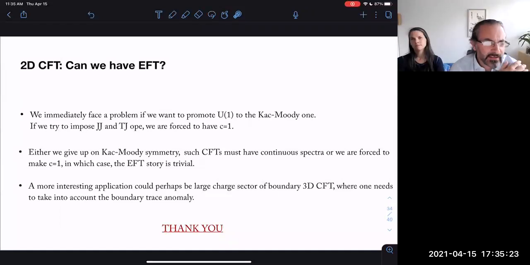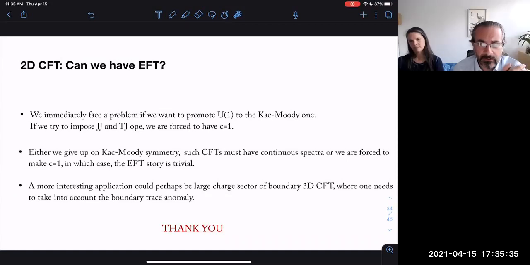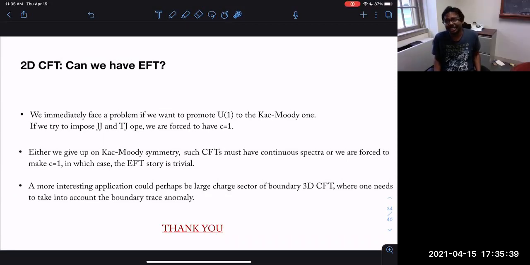But why is it a catastrophe that it's a continuous spectrum, since it's an effective theory? I mean, why is it a problem for the effective theory to have a continuous spectrum? Normally when we talk about CFTs in finite volume, we think about a discrete spectrum because we are in a compact volume.